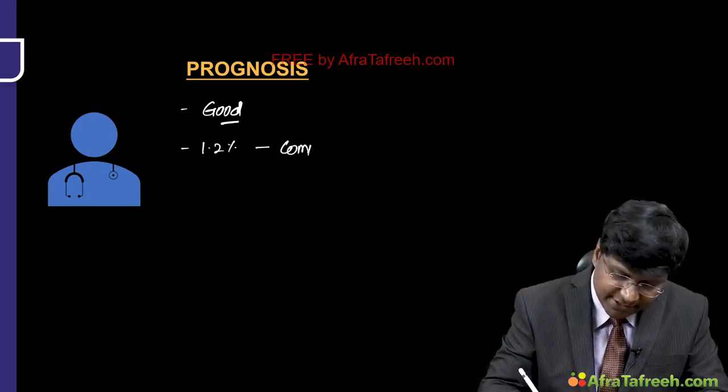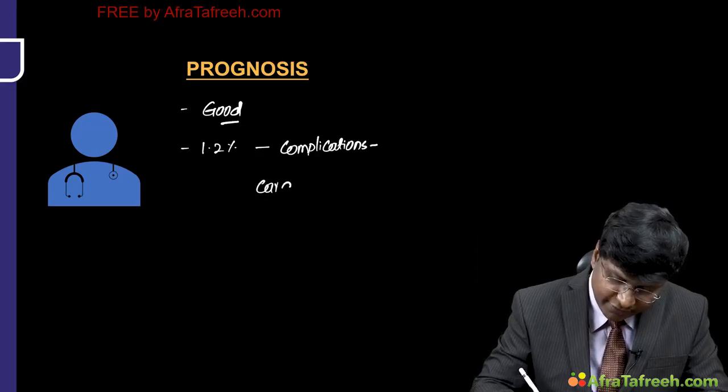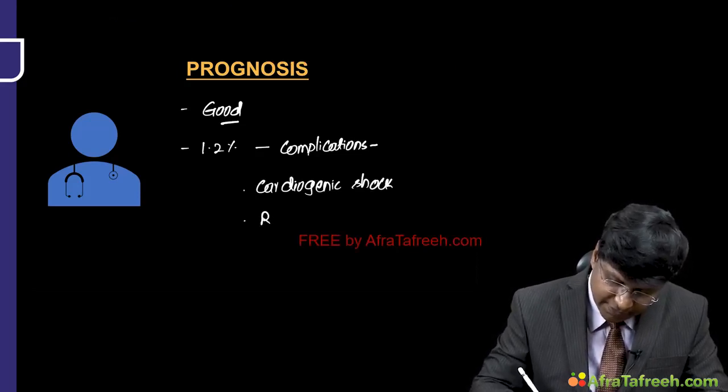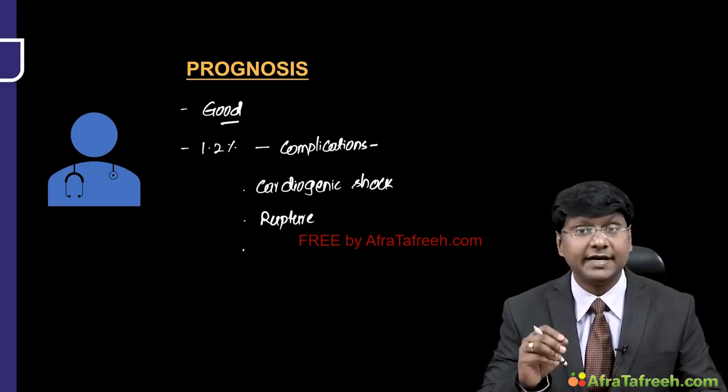And what are the complications that we have discussed in the clinical picture also? But let me tell you again, there can be development of cardiogenic shock, right? And there can be also another important complication like rupture of the apex.